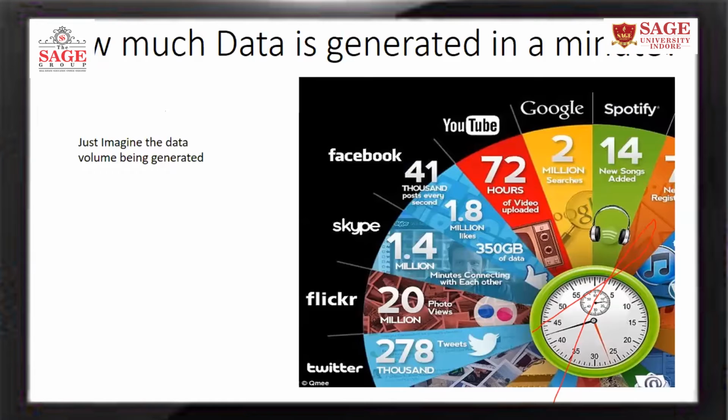Just imagine how much data is being generated while we are sitting here in our homes and using various applications. So you can see the volume of the data which is being generated in a minute. Facebook is generating 41,000 posts every second, and it is 1.8 million likes, which is 350 gigabytes of data.